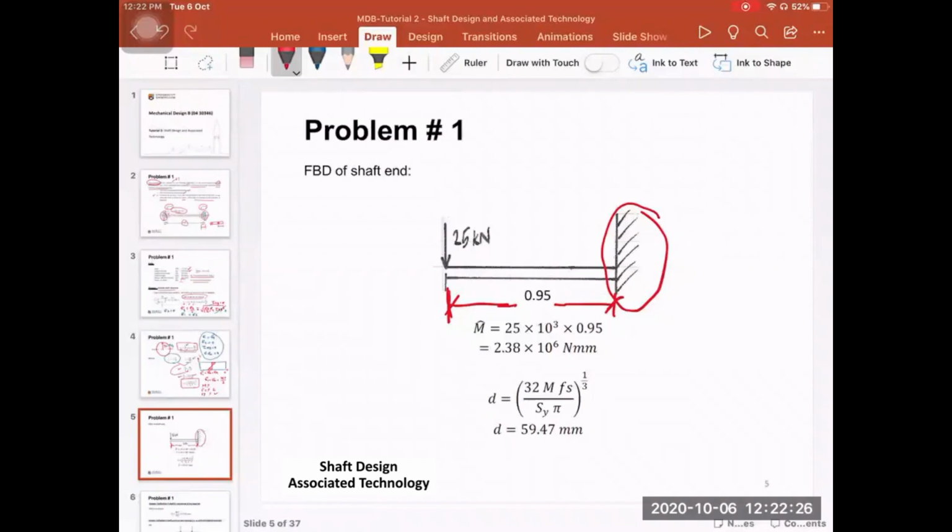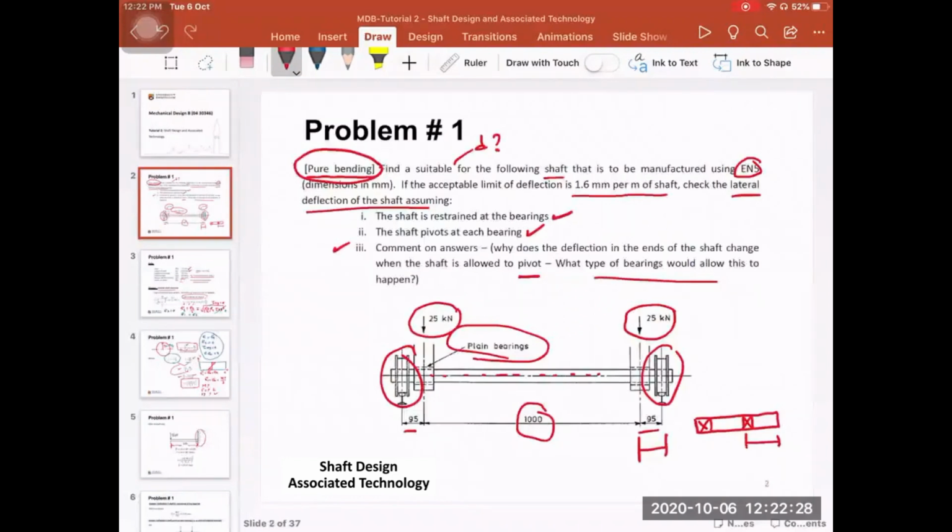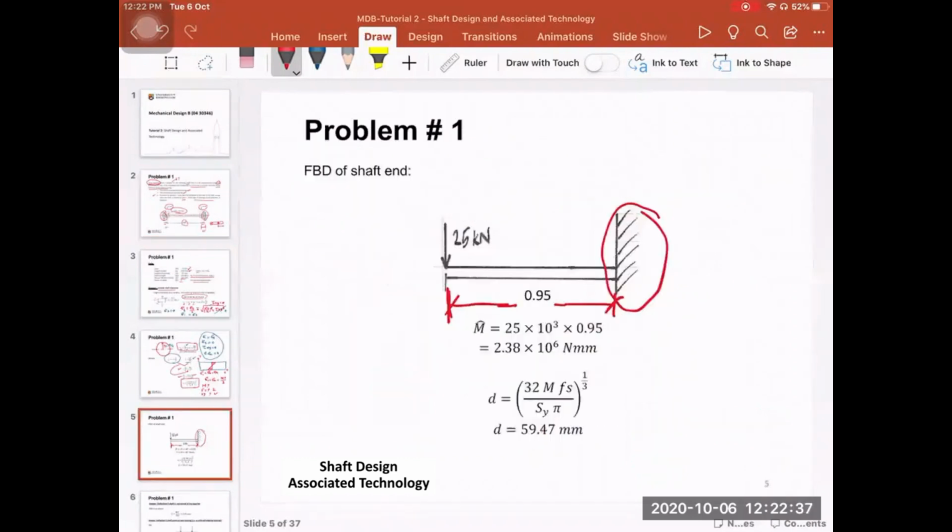So in this case, if you go back here, you see this portion and this portion. Consider that you have a beam, something like this, and then here are these two wheels sitting on the track, and then you have forces here. You have 25 kilonewton here. You have 25 kilonewton here.